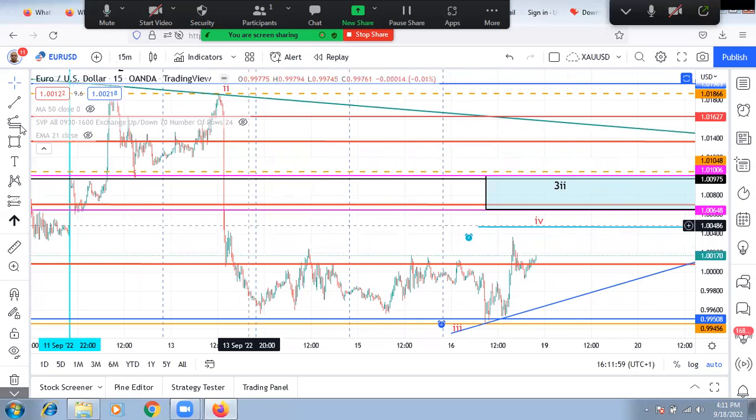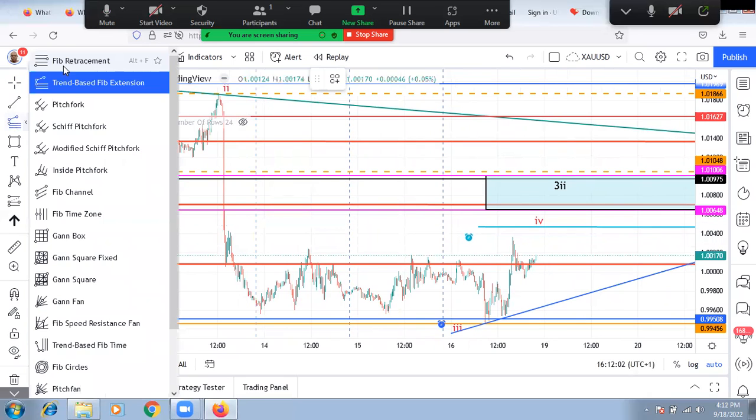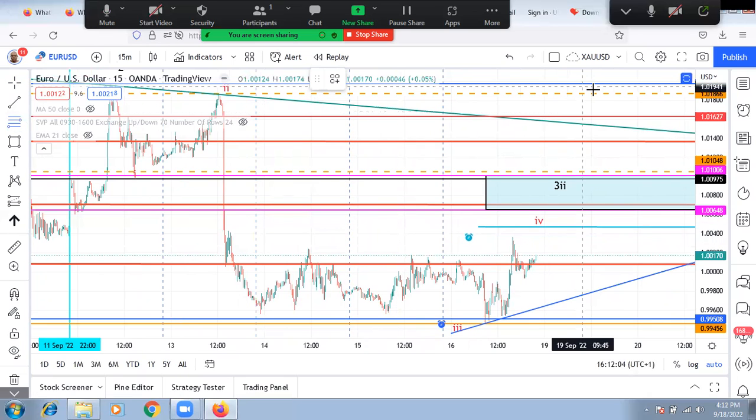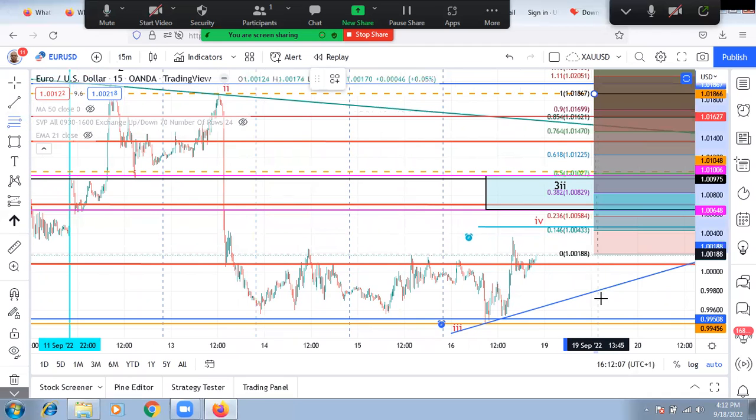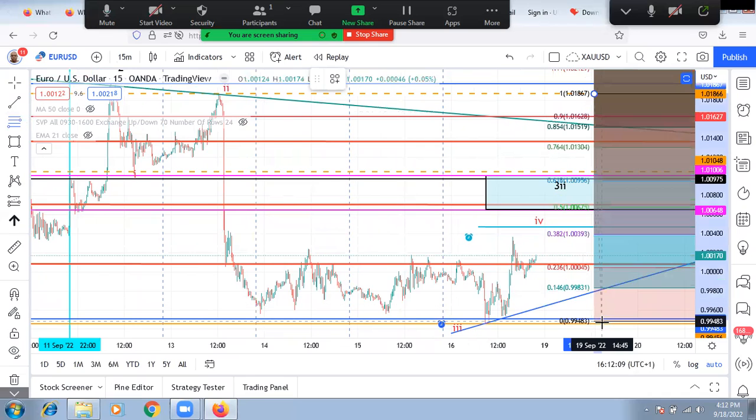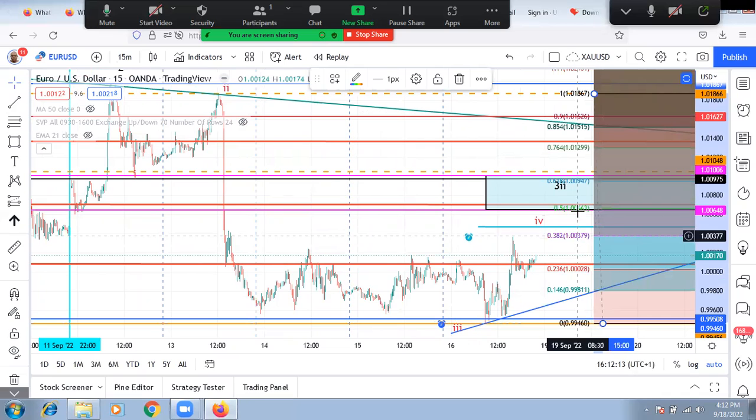So if you take your twos from the 2 to where 3 is at the moment, you should expect your wave 4 around 38, which is here, or 50, which is at the level where you have this pink. So 50 is at that level, and a 38.